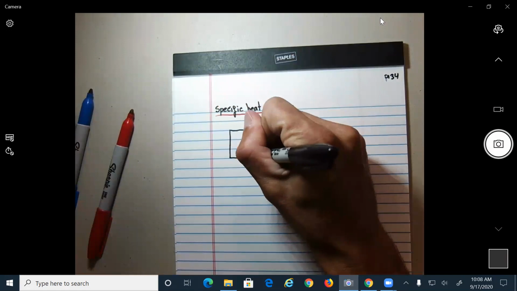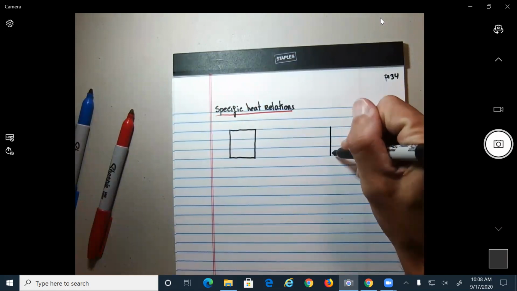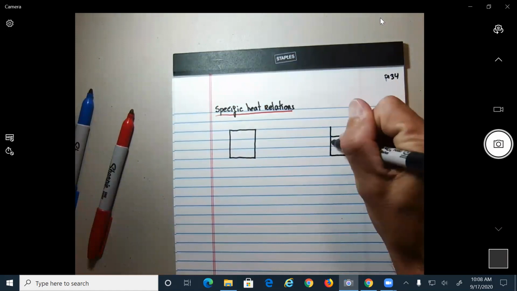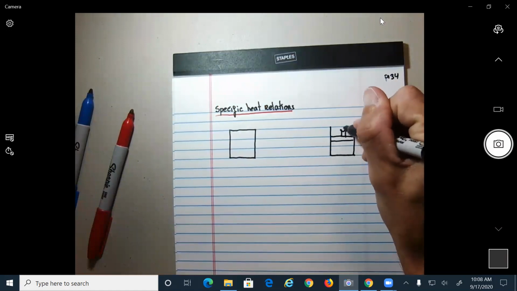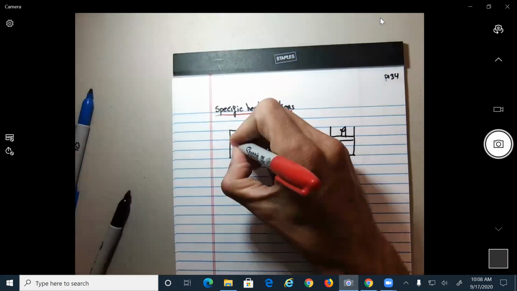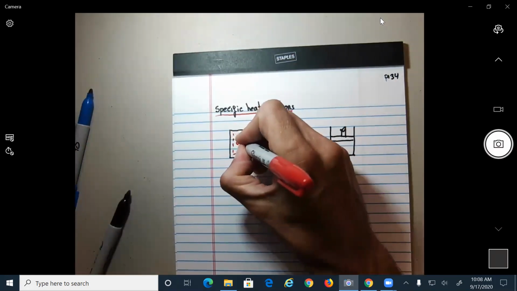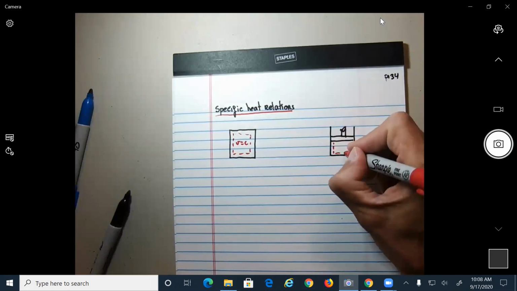So let me just redo the same figure again. So in this one, we know volume is constant. This one, we know pressure will be constant.